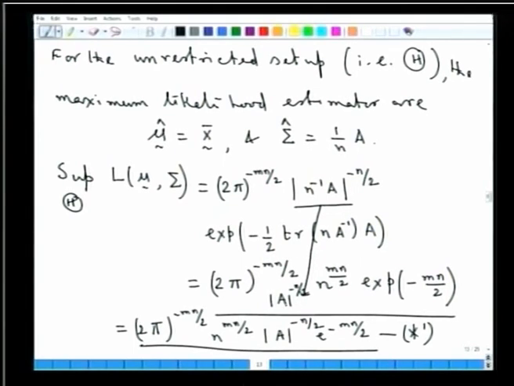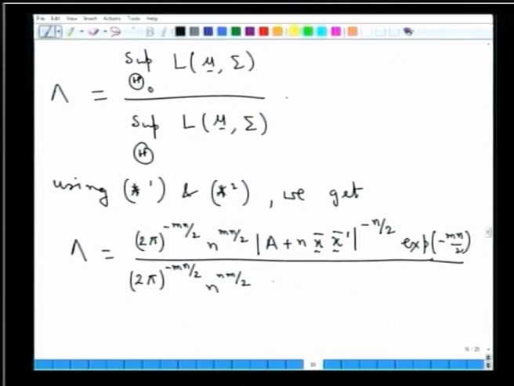This term comes down here. So what we will be having here is a determinant of A to the power minus n by 2, and then we will have e to the power minus mn by 2 term here. So a lot of terms actually cancel out. This term cancels out, this term cancels out with this one, this term cancels out with this one.